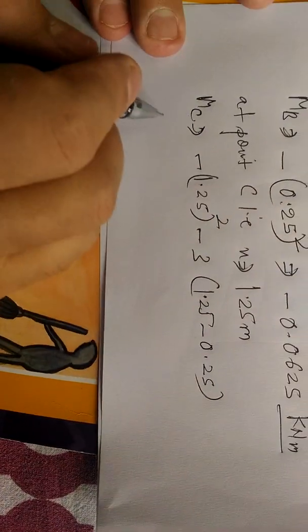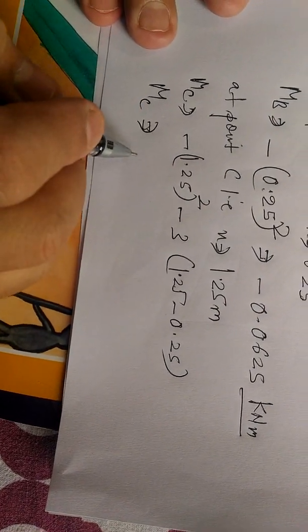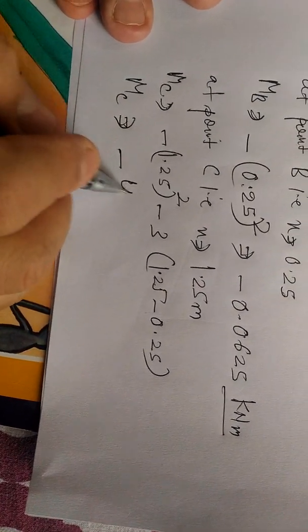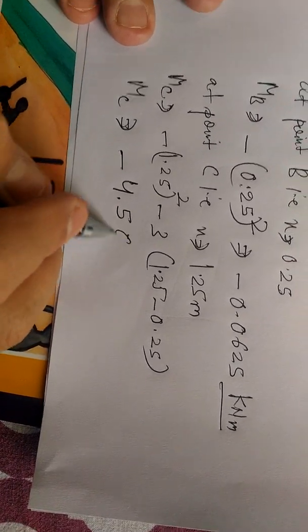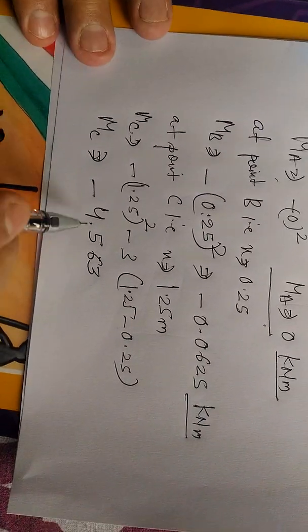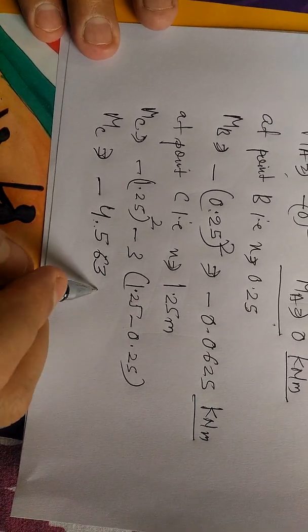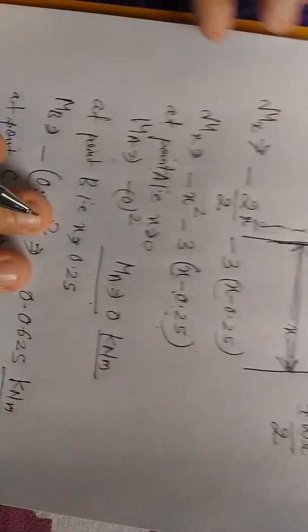So finally MC is equal to minus 4.563 kilonewton meter.